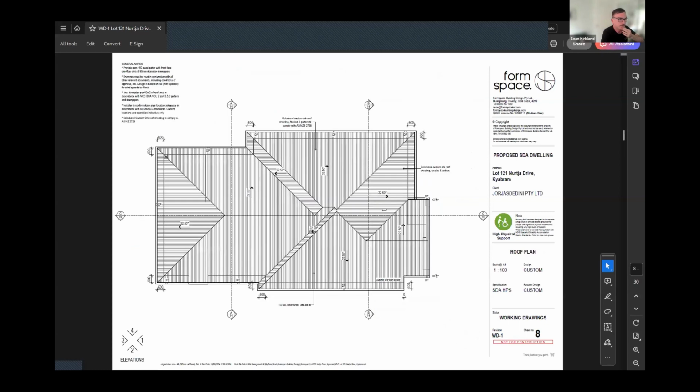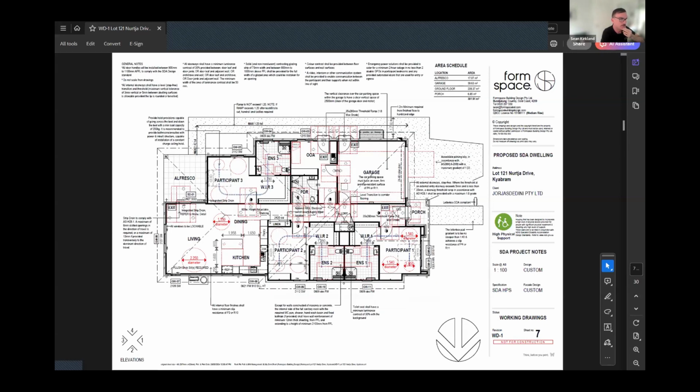Some of the other elements to be mindful of in terms of buildability is, for example, the construction methodology in terms of brick veneer, Hebel, lightweight construction. What can occur is you require zero threshold ramping. And in Queensland, for instance, you have a minimum step down of 50 millimeters.